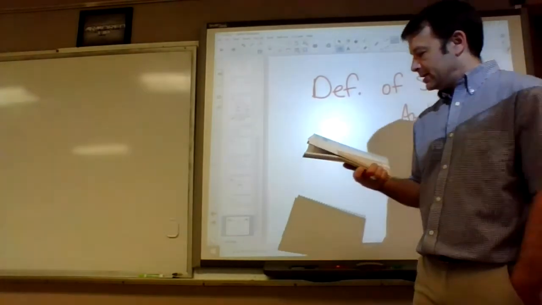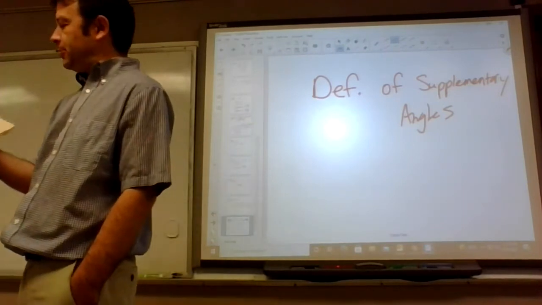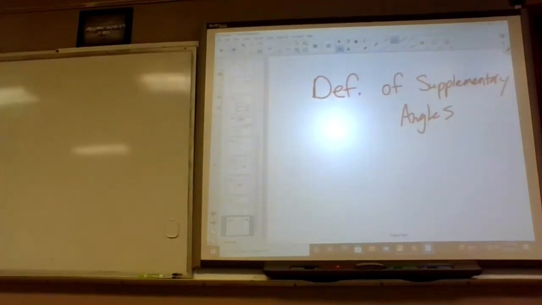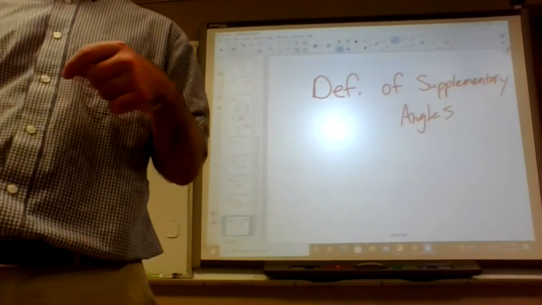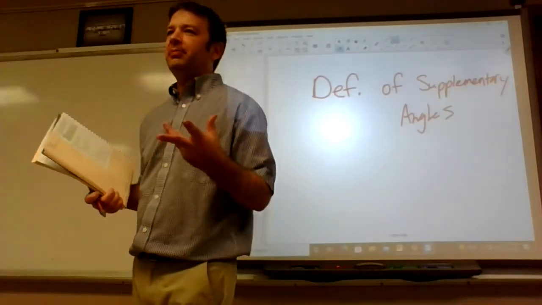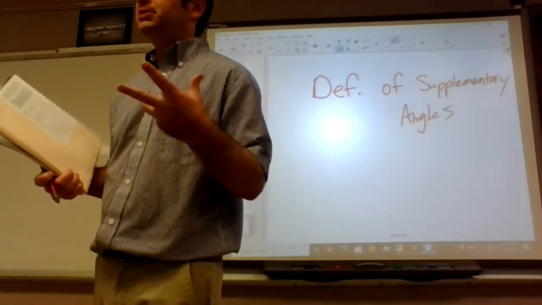Okay, 19. If angle X and angle Y make a linear pair, then angle X and angle Y are supplementary. How do we know that's true? No. A linear pair's definition is just two angles that make a straight angle together, basically.